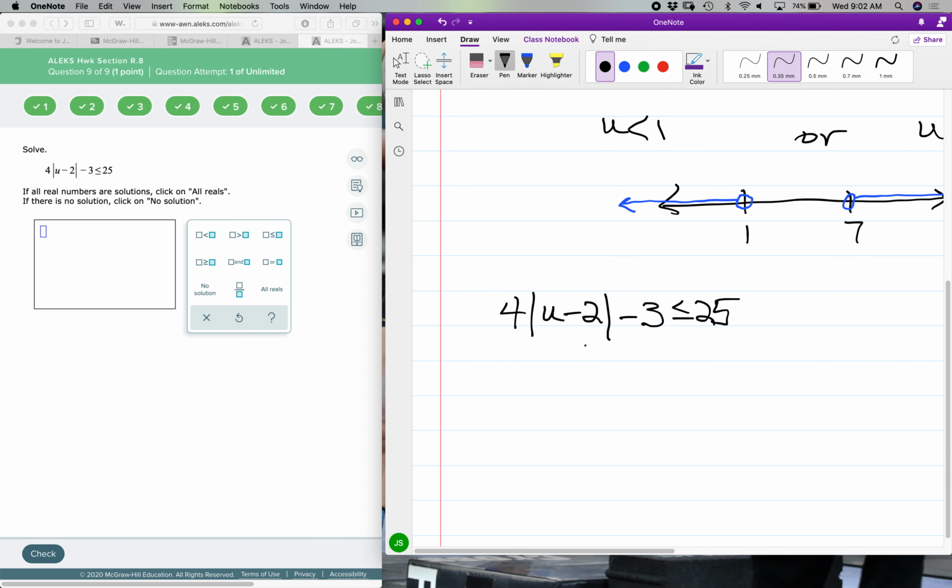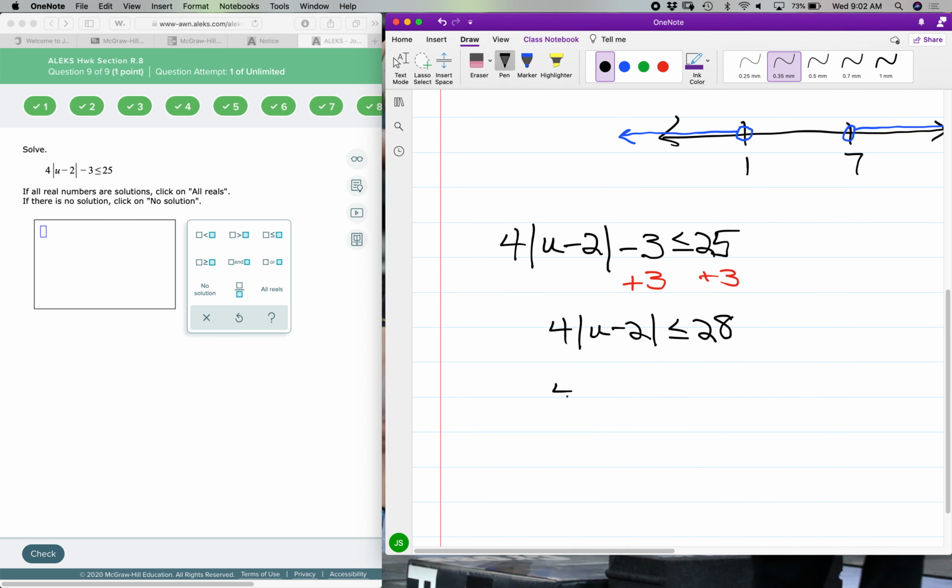Again, you're not going to distribute 4 over the absolute value of u minus 2, because we do not treat absolute value notation as we would parentheses or brackets. So isolating the absolute value of u minus 2, in the initial phase we add 3 to both sides, and we have 4 times the absolute value of u minus 2 is less than or equal to 28.